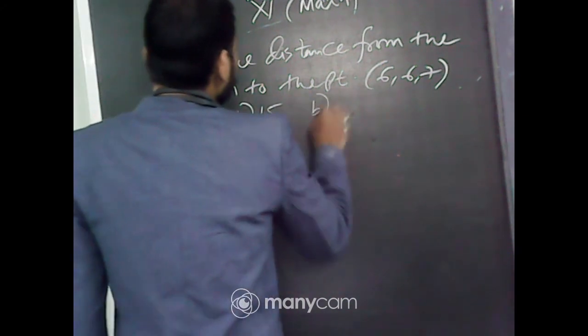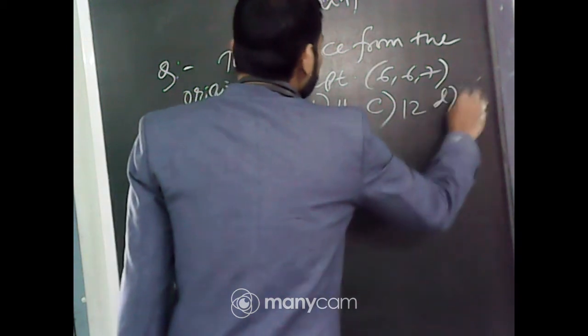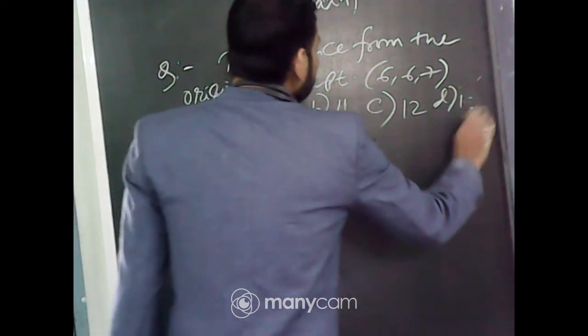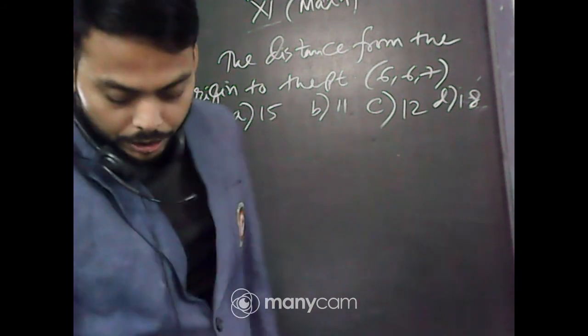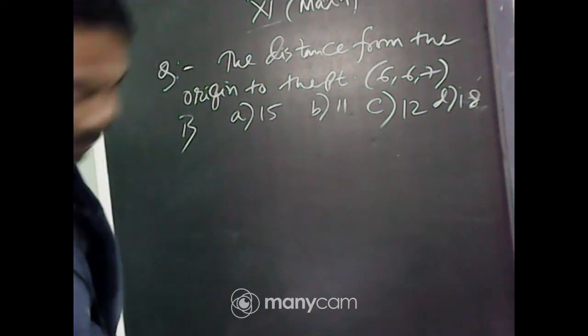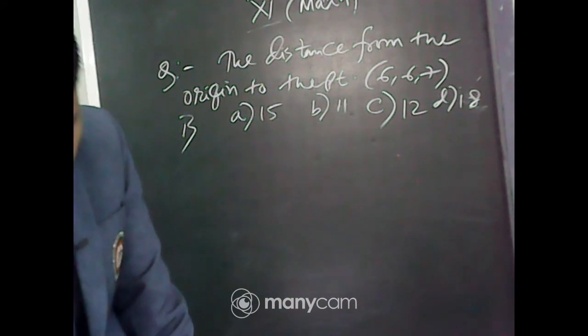Must be in unit. Tell me the distance from the origin to the point (6, 6, 7).